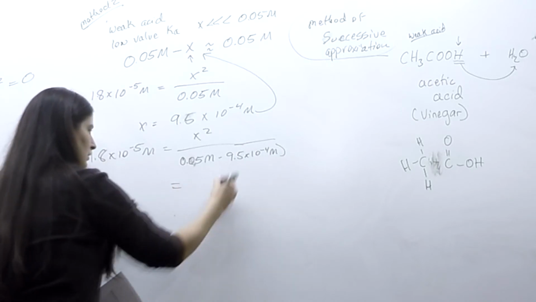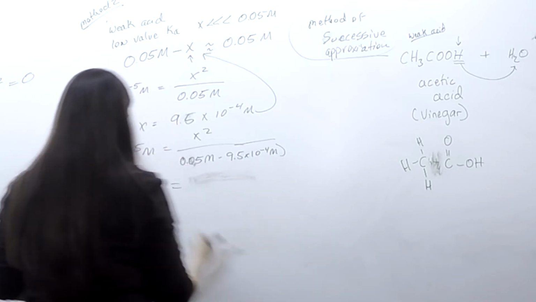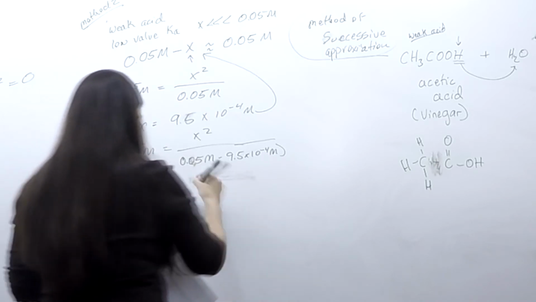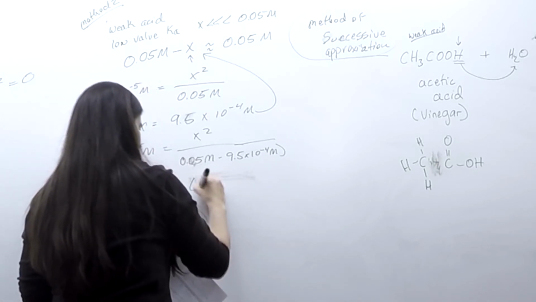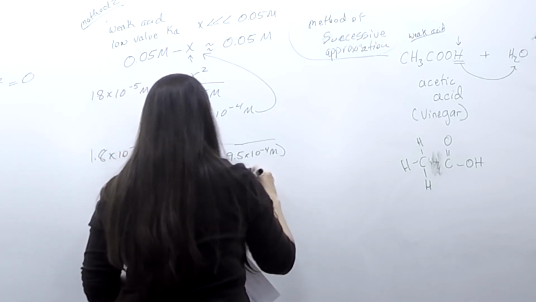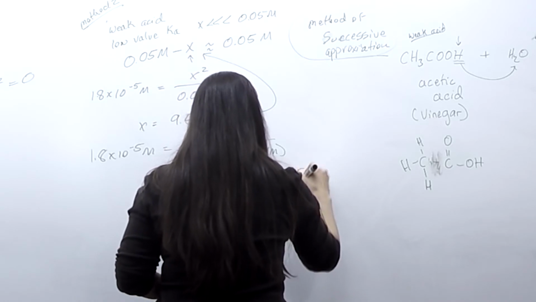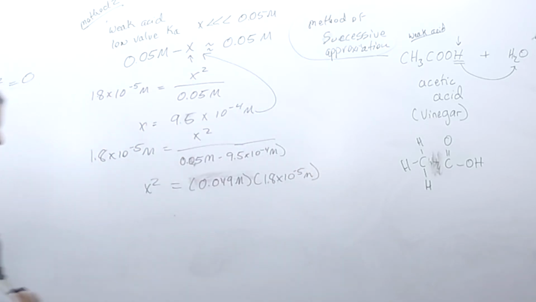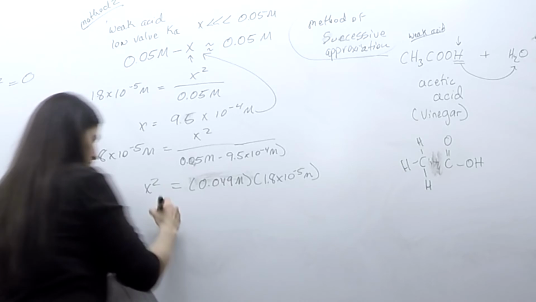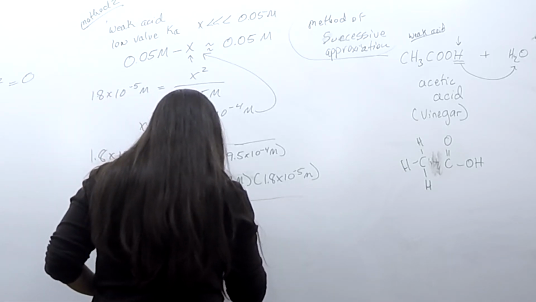Okay, so X squared equals that, the product of those two numbers. To get X, we take the square root of that product.